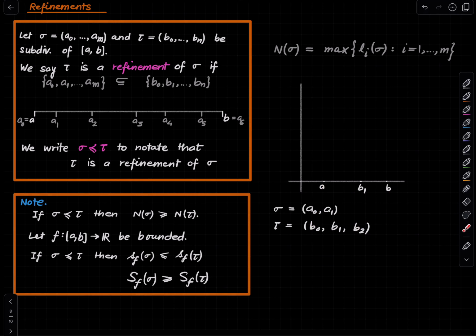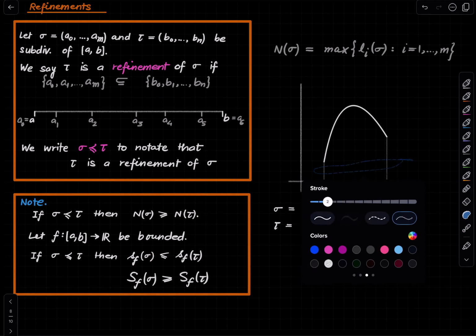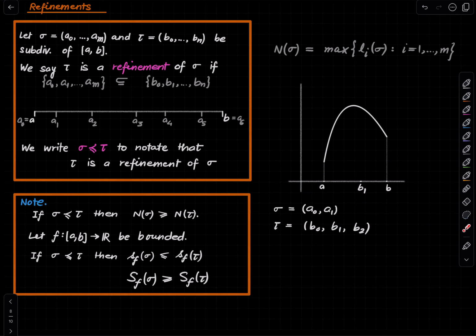So for the lower sum of f with respect to sigma, what are we doing? Let's say the function has some, let me try to draw some function. So what is this number?